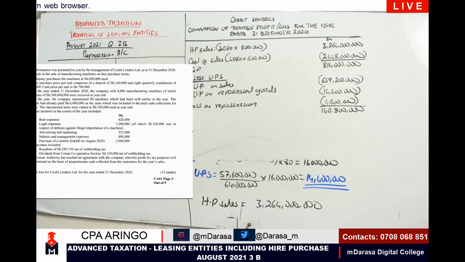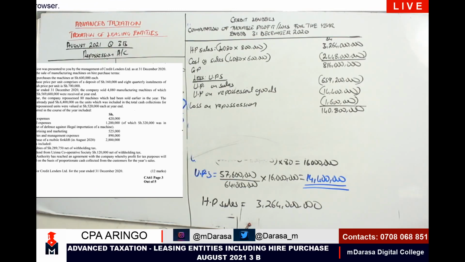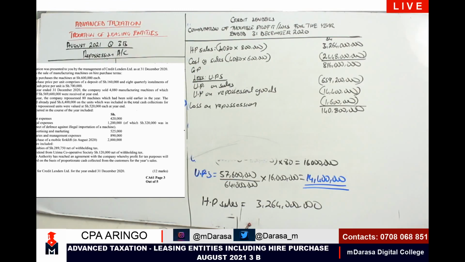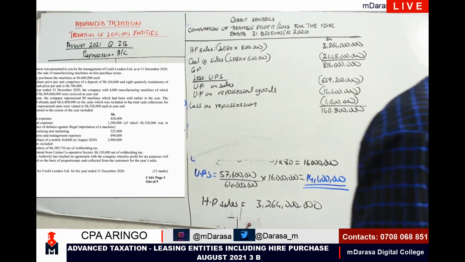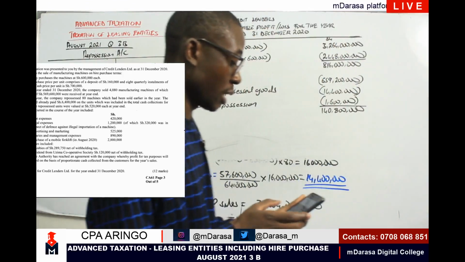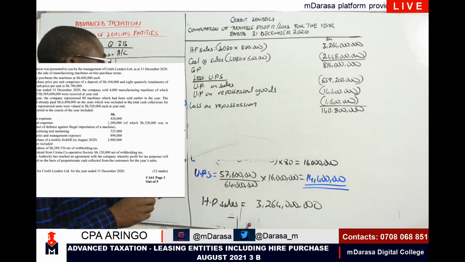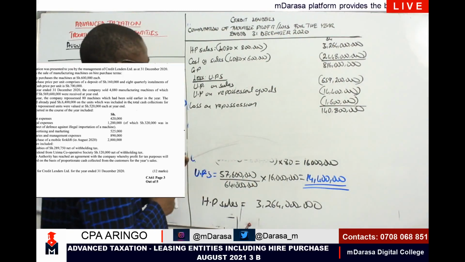Expenses incurred during the year, that is what we have. We start with number 1, rent expenses. So talk about less expenses.